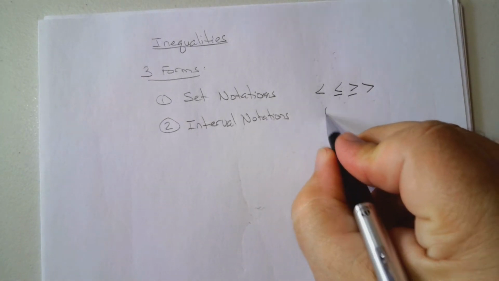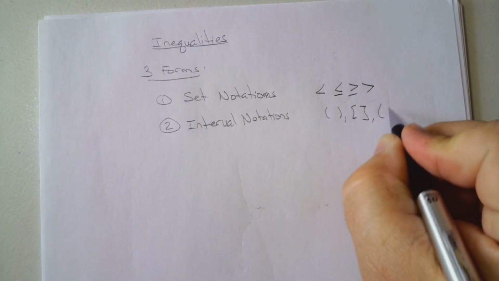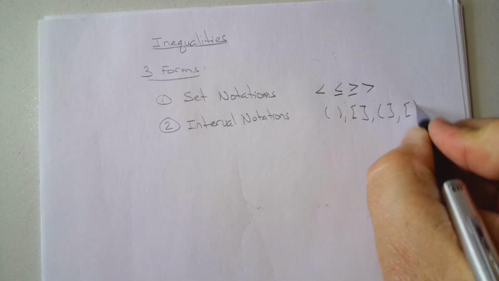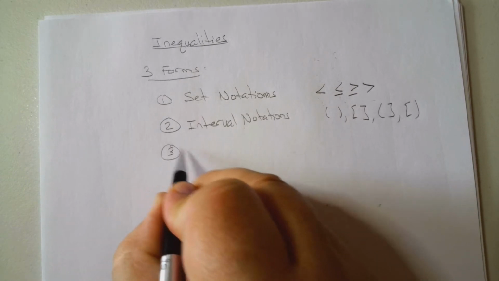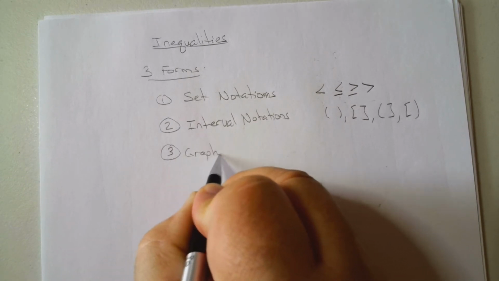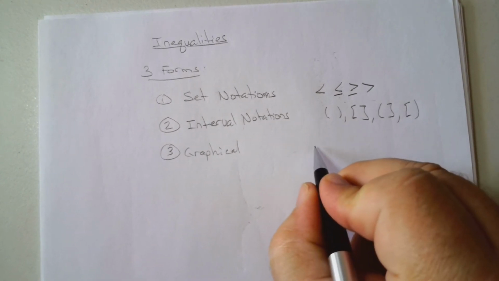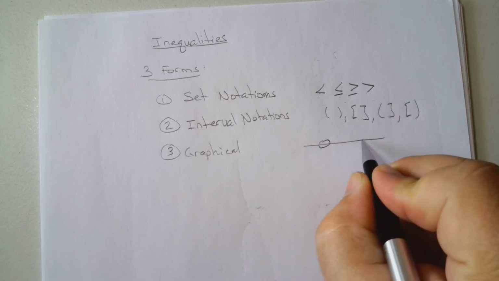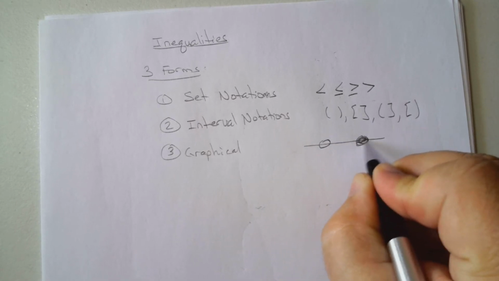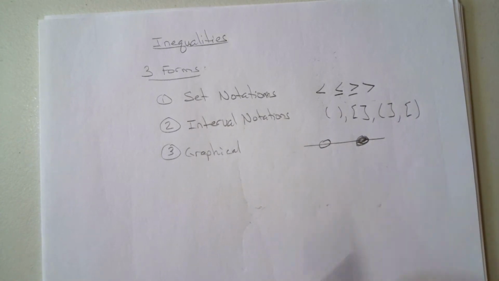Interval notations are when we use parentheses, brackets, or a combination of parentheses and brackets. And the last one is graphical. When we draw a line, it could be either an open circle or a closed circle. And we can either shade between there or in opposite directions.